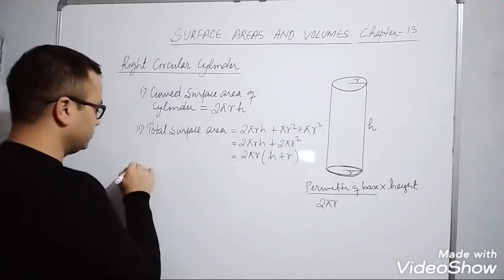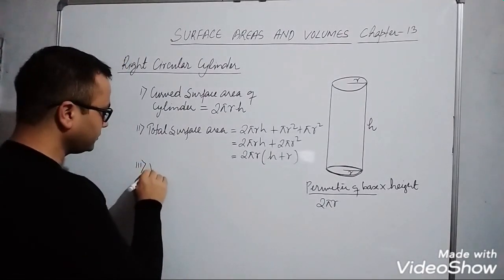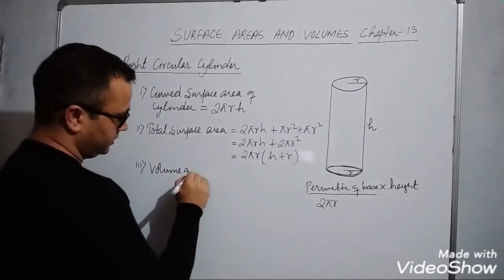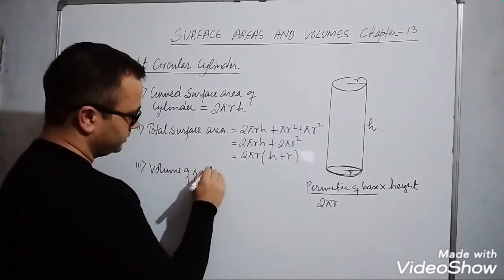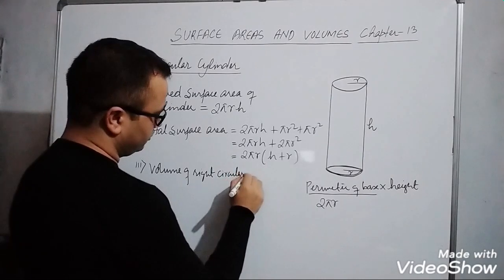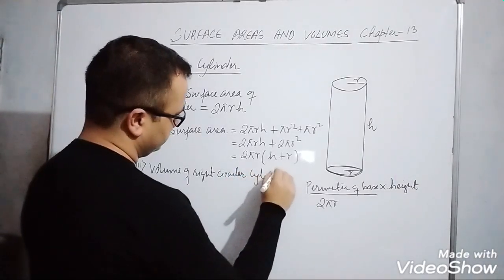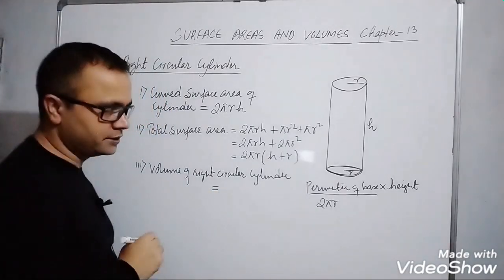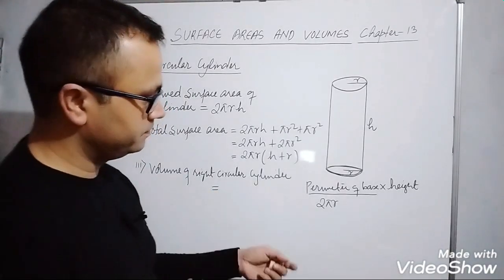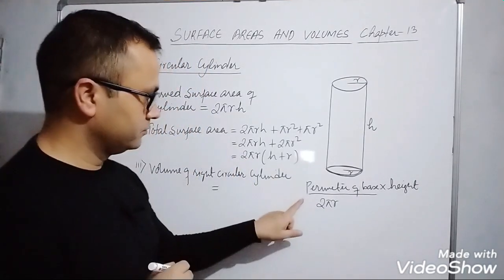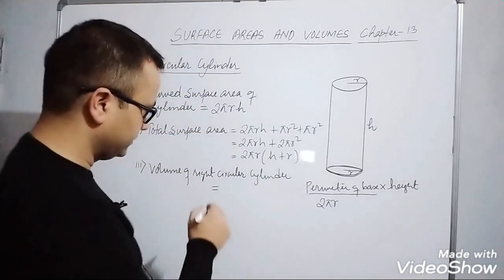Now the last one is volume. The volume of a right circular cylinder is calculated in the same way as we did for the cuboid and cube: area of base into height.